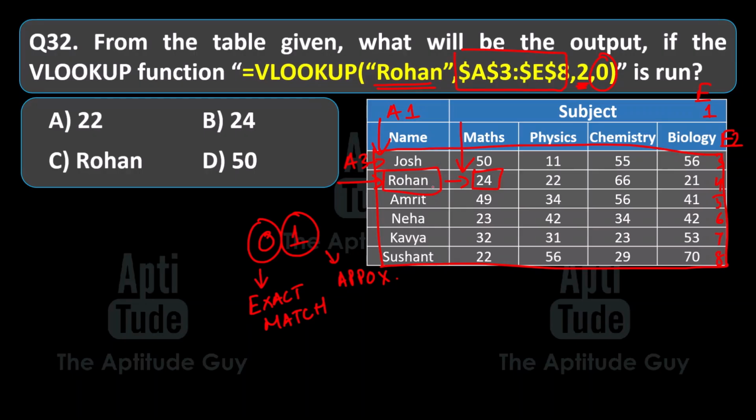In fact, even if this is Rohan and then a space, it will not return a value. It will give an error. So we need to match it perfectly over here. So what is the output ultimately? We looked for Rohan and we are looking in this range, and we are looking for the second column output, that is 24. So the answer is option B, that is 24.